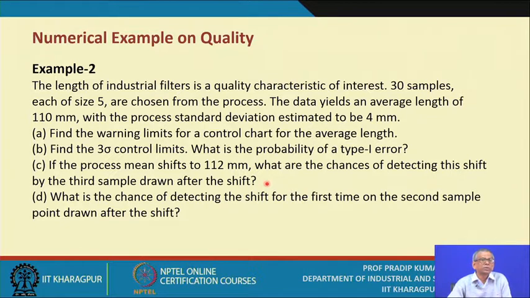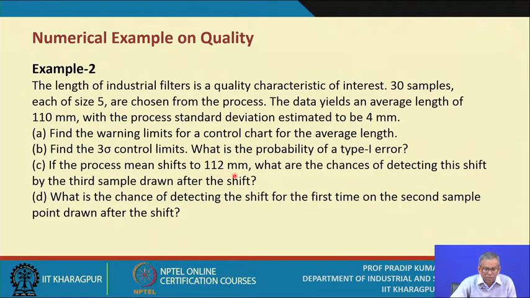What we have mentioned is the typical Shewhart control chart. If the shift magnitude is small, with respect to 110 millimeter you have constructed the control chart, assuming that the process exists at around 110 mm.